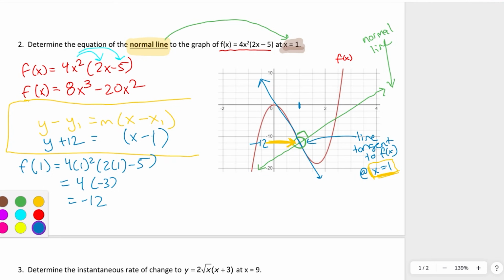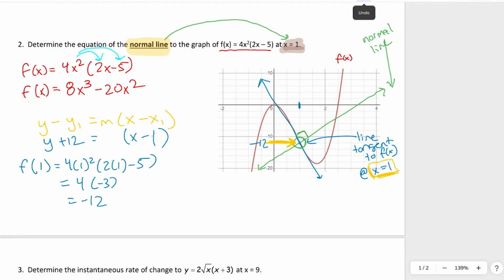So now I need to figure out what that slope is. That's where the derivative comes in. Remember that the derivative is just the slope. So I'm going to clean this up a little bit here, give myself a little more space because I want to write the derivative of f here as well.